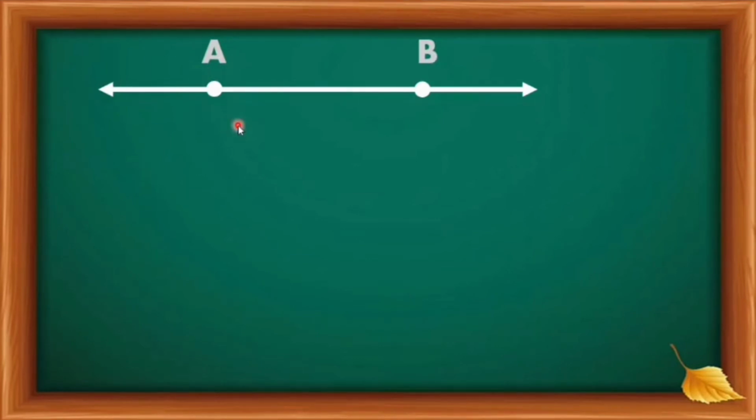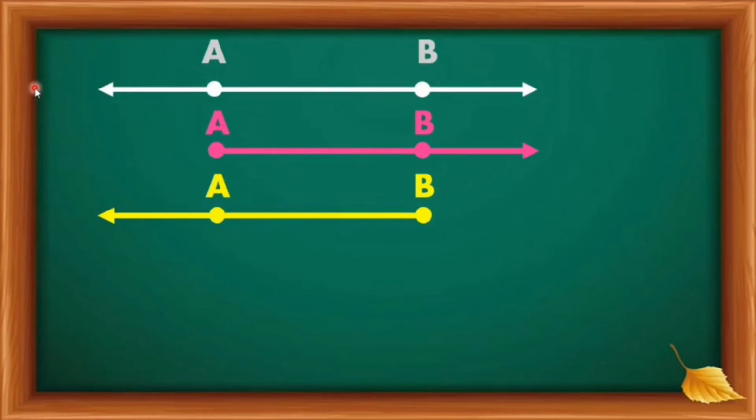If we are going to cut this line from point A to point B towards this direction, what we will have is ray AB. And then, if we are going to cut this line from point B to A towards this direction, what we will have is this figure here. And these two figures here, the pink one and the yellow one, are what we call the ray.